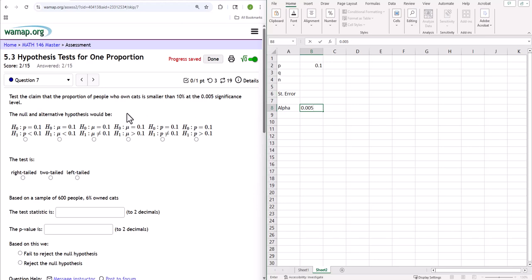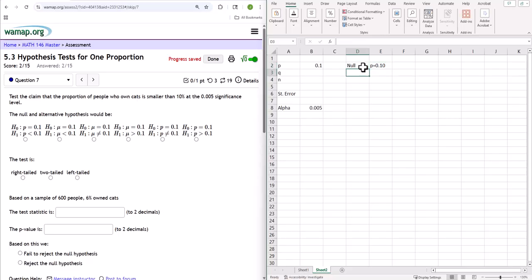Now, our null and alternate hypothesis: the proportion of people who own cats is smaller than 10%. So our null hypothesis is that P is equal to 0.10.